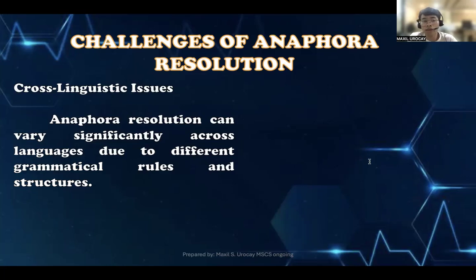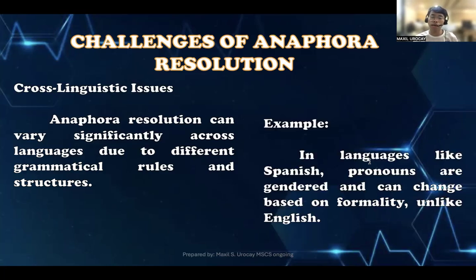Pronoun use can vary significantly across languages due to different grammatical rules and structures. This is also one of the problems, since there will be another way of interpretation. In languages like Spanish, pronouns are gendered and can change based on formality, unlike English. So if we're trying to have a cross-linguistic approach in our program, that is one possible problem.